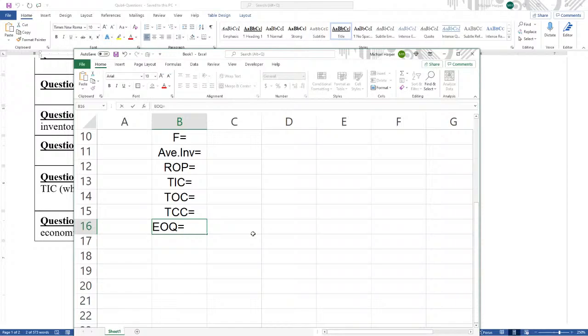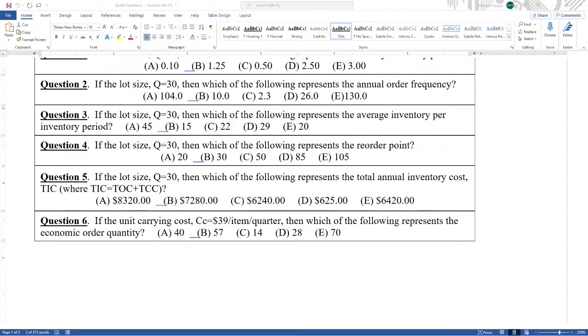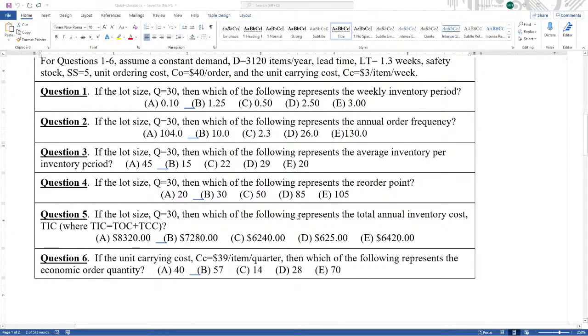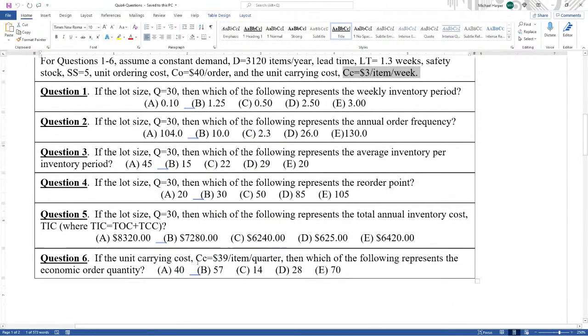EOQ equals. And so it'll be pretty much the same thing. And what I'm getting at, this carrying cost up here of $3 per item per week is the same as $39 per item per quarter, because it's the same cost. So what's EOQ? So there we go.